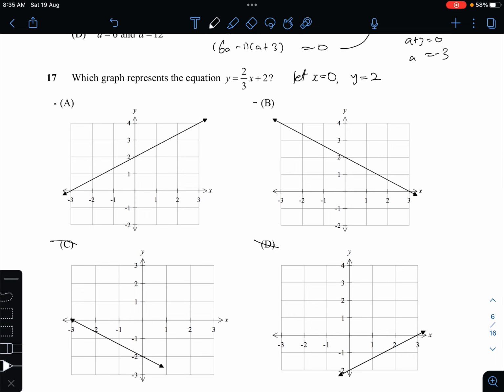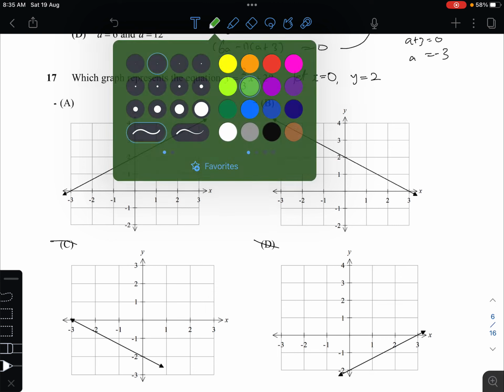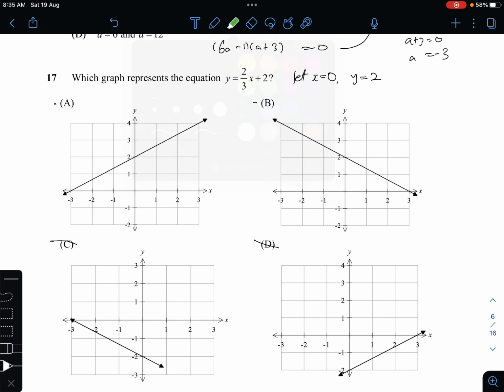So anyway, we've got A and B as possible answers and C and D ruled out. Now the differentiating thing that's obvious is one is a positive gradient and one's a negative gradient. Our gradient is the coefficient of x, which is 2 over 3, which is obviously positive, and therefore our answer must be A.